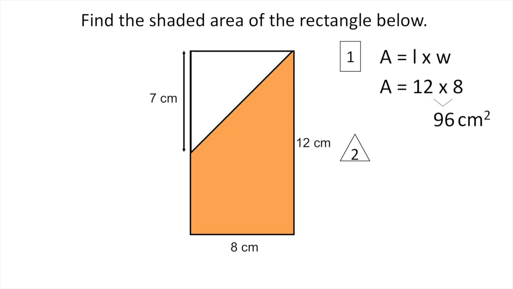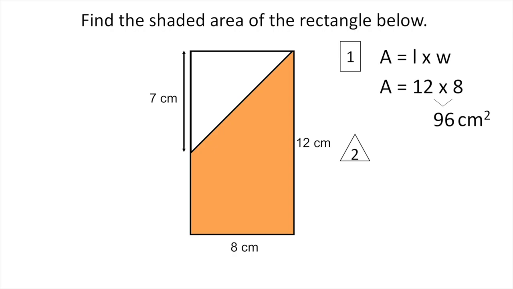Now I see that one side of the triangle is labeled 7 centimeters, but I need to find out another side of the triangle. And in order to find the area of a triangle, we have to find the base and the height, which always come together at a right angle. Since we're told that the entire figure is a rectangle, we know that each corner is 90 degrees.